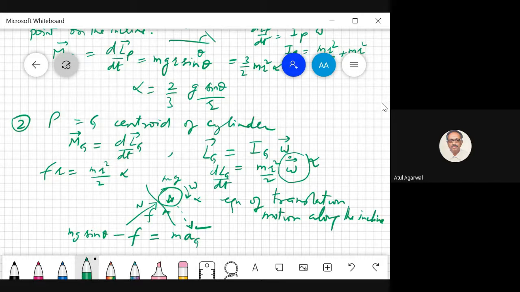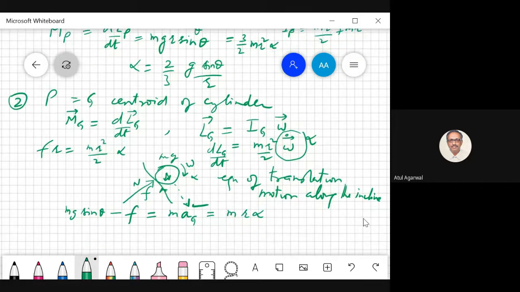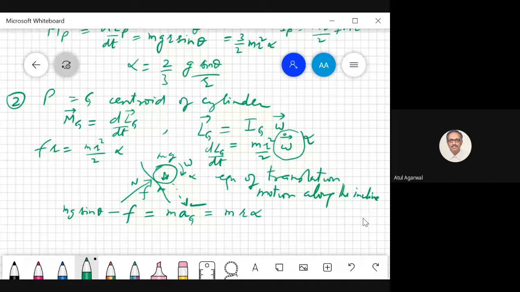Any problem? For the case of pure rolling, this acceleration of the centroid is same as R alpha. So this we will talk later. How is it R alpha for the case of pure rolling? So you get mg sin theta minus f is equal to mass into acceleration of the centroid, R alpha.